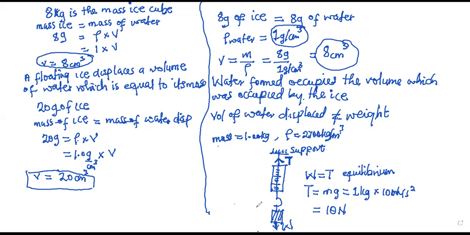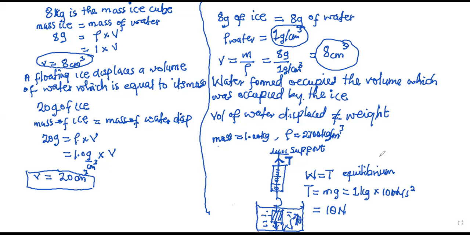Yes, sir. When the object is immersed in a liquid, the liquid has an upward force, which is the upthrust. Upthrust is always up, so its direction is always up.